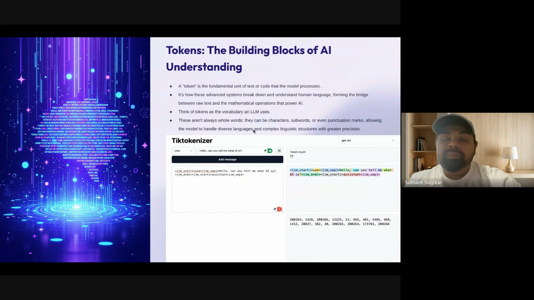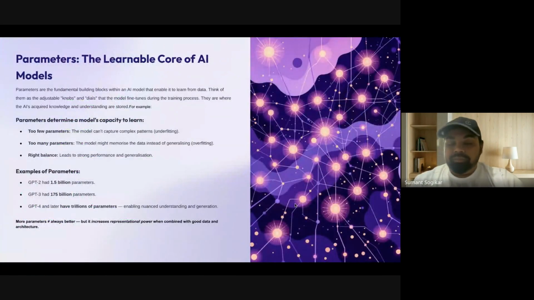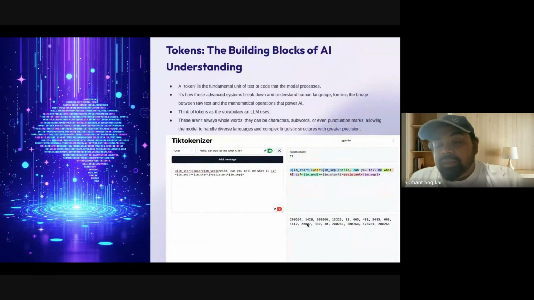The first thing to understand is that LLMs at their core do not understand English. We always talk in English and try to ask questions, but internally it does not understand. What it understands is these embeddings, these numbers. If you see these numbers, this is what the LLM actually understands.